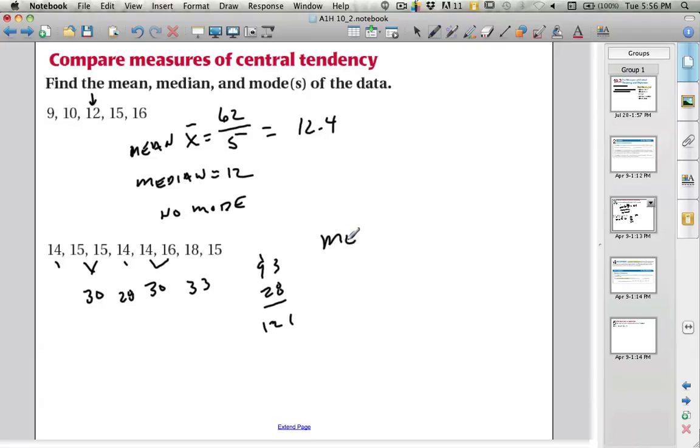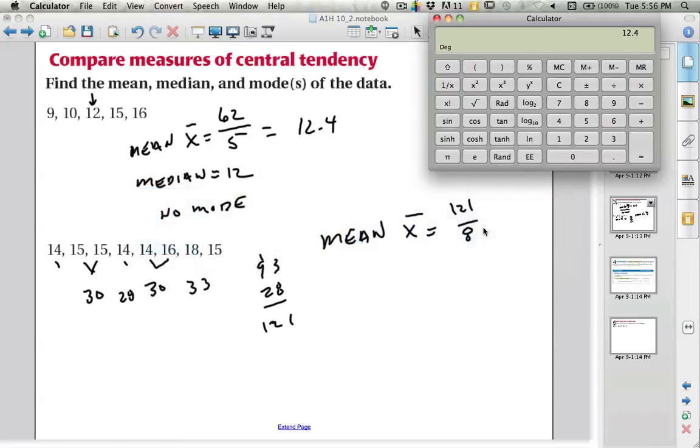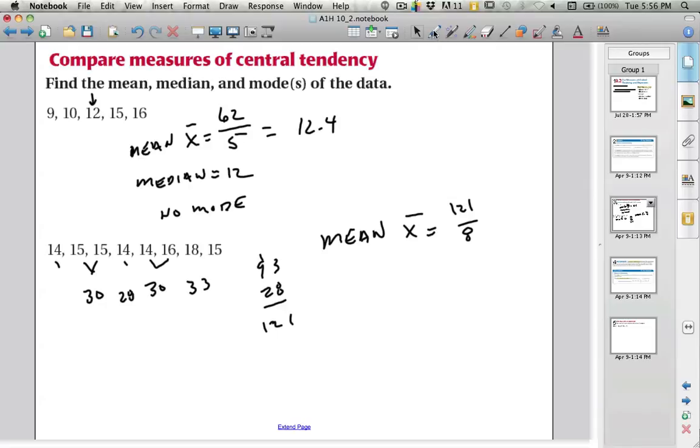So for my mean, X bar is equal to 121 over 1, 2, 3, 4, 5, 6, 7, 8, divided by 8. So 121 divided by 8 equals 15.125.